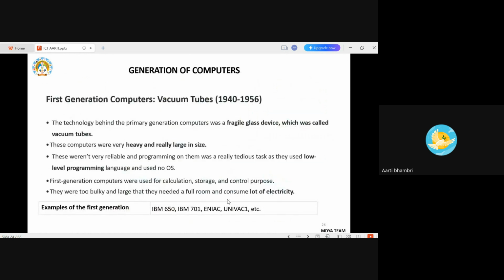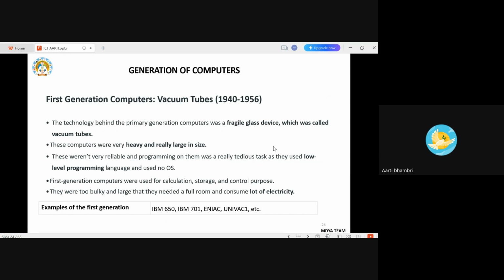Generations of computer. First, the question arises in our mind: why are we using this word generation of computers? What difference is there between these generations?